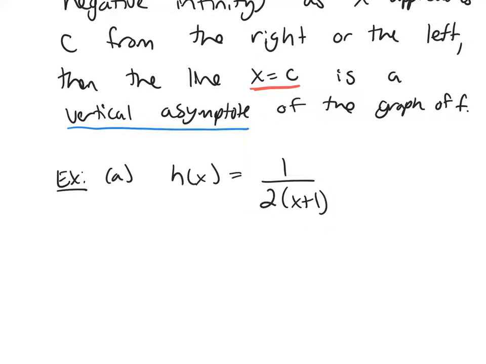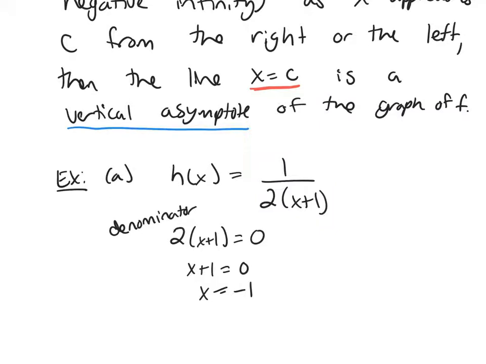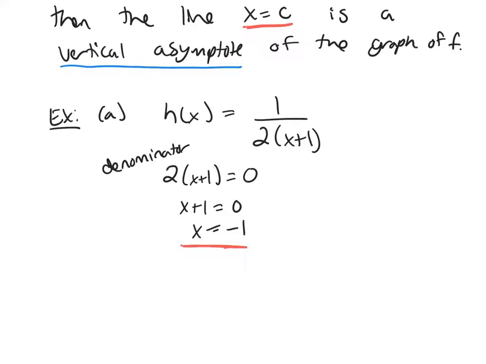And what makes the denominator 0? Well, if I divide by 2, I'll see x equals negative 1. That's what makes the denominator 0. Nothing makes the numerator 0. So this right here, x equals negative 1, this is my vertical asymptote.